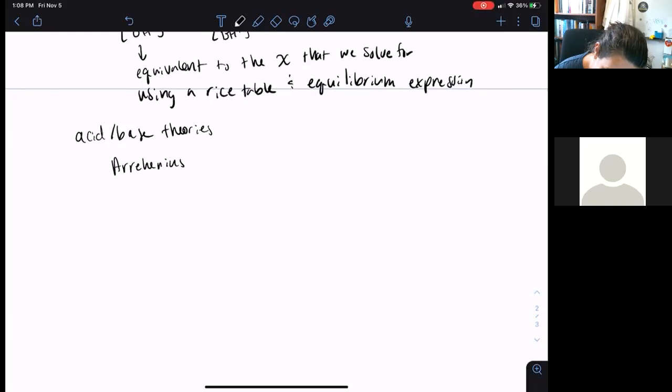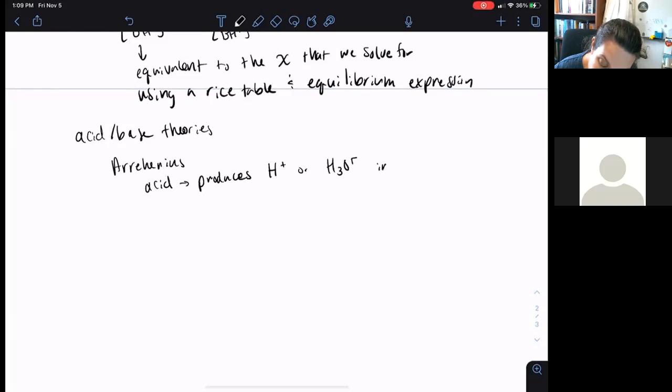Here, an acid produces H plus or H3O plus in water, or we could say that it increases the concentration of H plus or H3O plus in water.